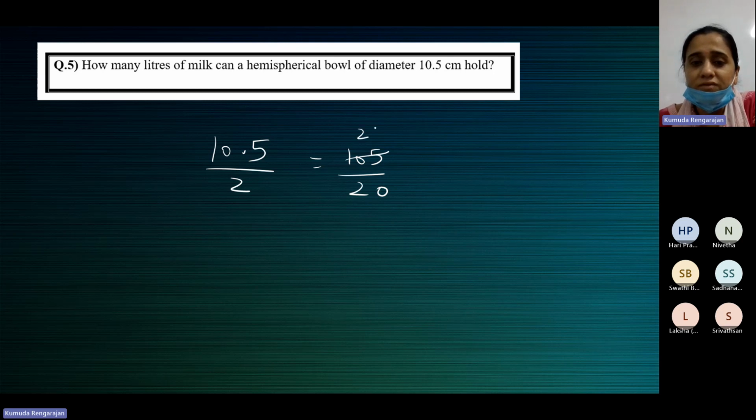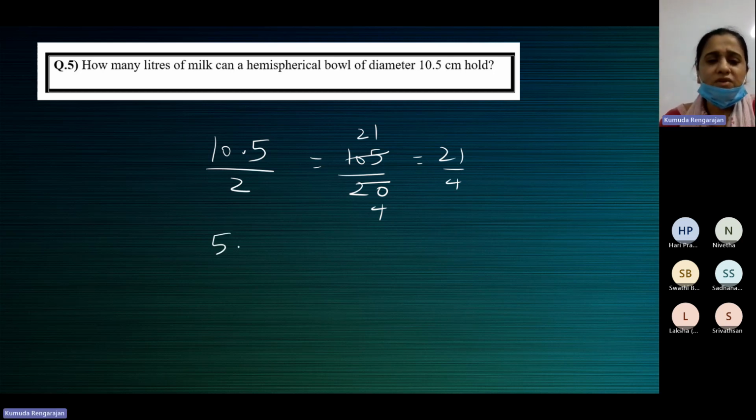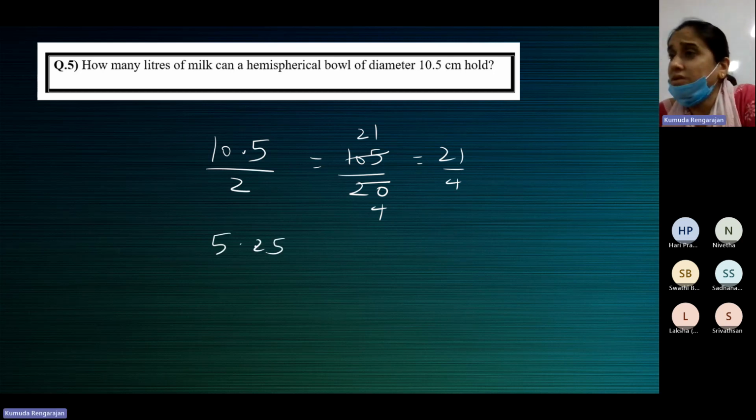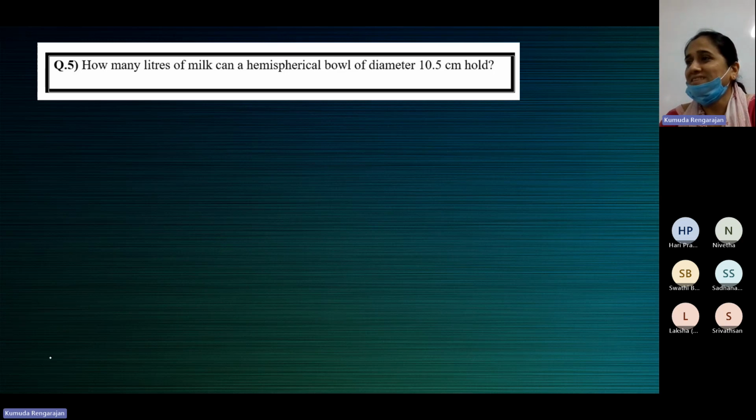So 5 twenty-ones are 105, 5 fours are 20, so 21 by 4. If you want to divide and write it as 5.25, fine. All that is your convenience. But all of us are comfortable with fractions rather than decimals.